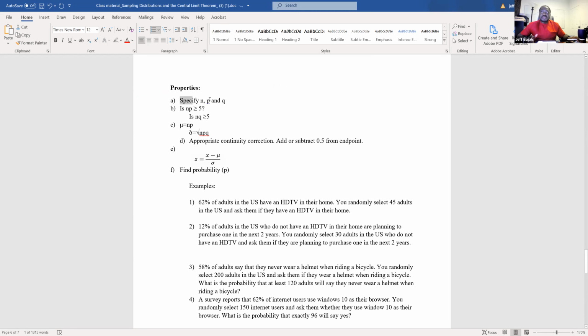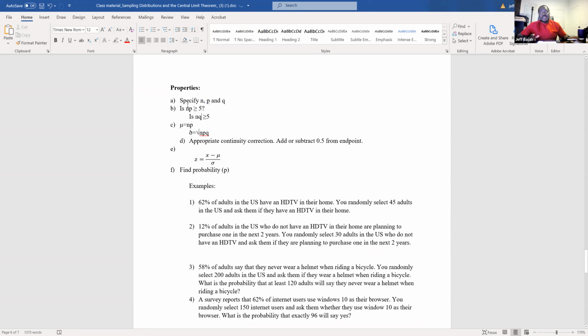The second step is you can only approximate a binomial distribution if your mean is at least 5. That's one of the conditions we have to follow, so this is very important. n times p has to be at least 5, and also n times q has to be at least 5.